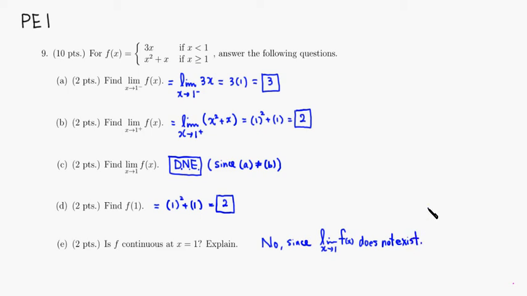Not only does the limit have to exist, it also has to be the same as f of 1. In this case, the limit doesn't even exist. So therefore, by definition, f is not continuous at x equals 1. Alright, that's it. I hope that this was clear.